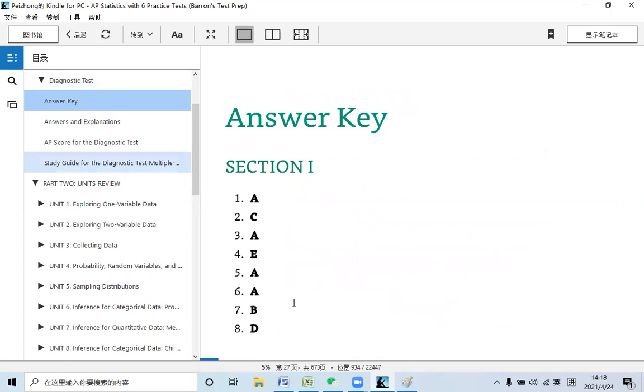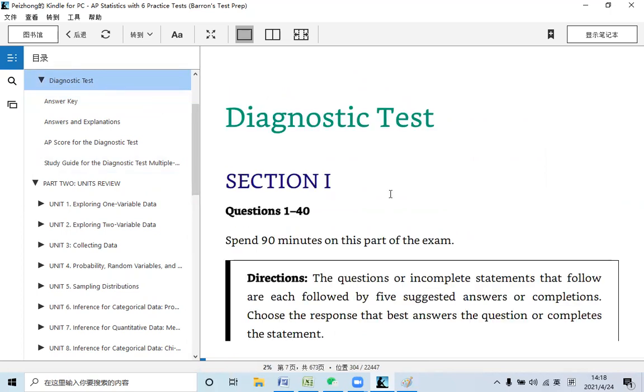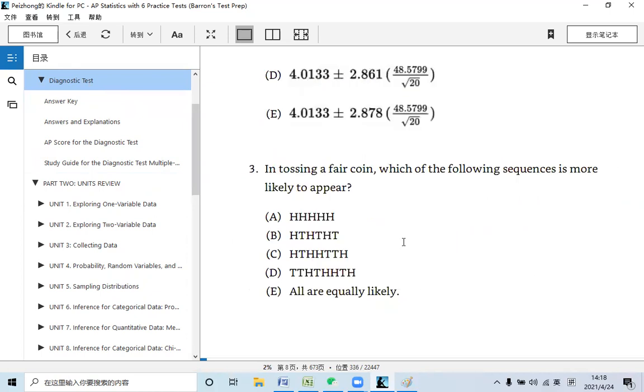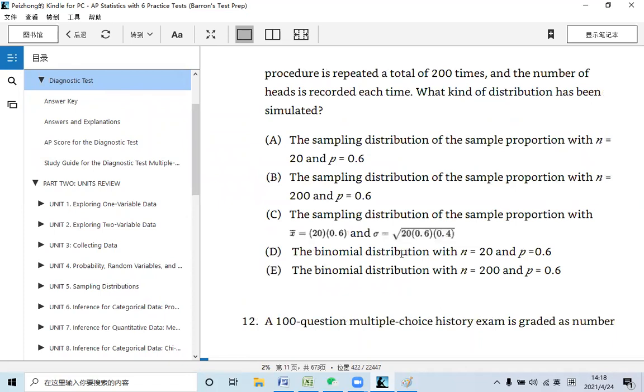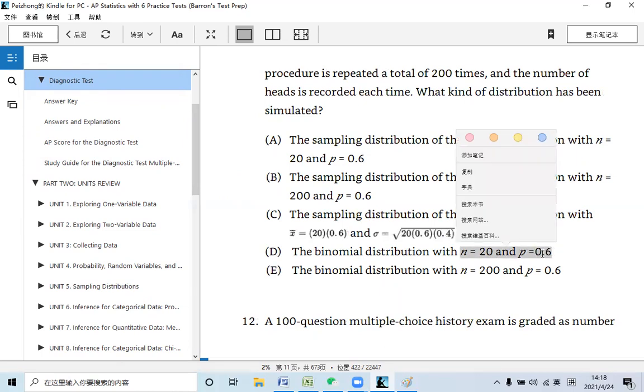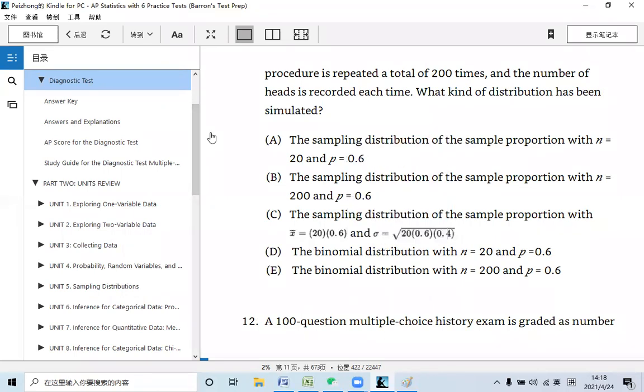You know, the binomial, oh, the n number is 20. Yeah, the n number is 20.